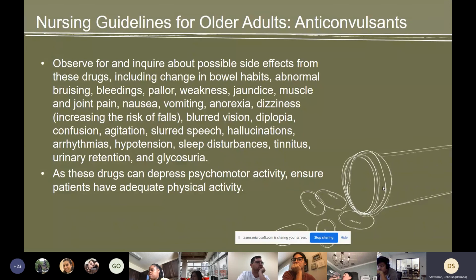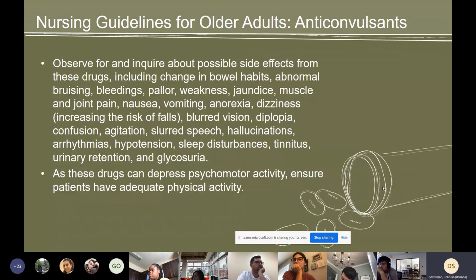So I want to stress to you that if your patient is a polypharmaceutical patient and they're on anticonvulsants and other medications that can cause problems for them, sometimes they get more sick from the medications than from the good, with the combined, synergistic effect. So as nurses, we really need to be in tune to those medications and what's going on with our older patient.